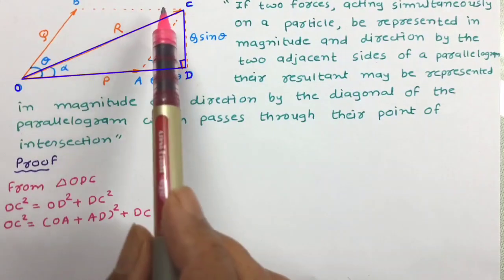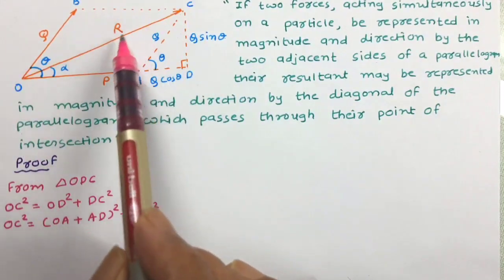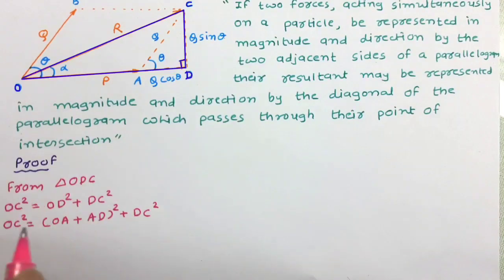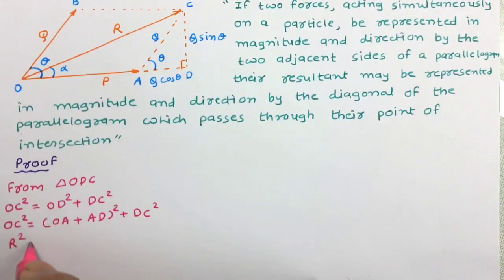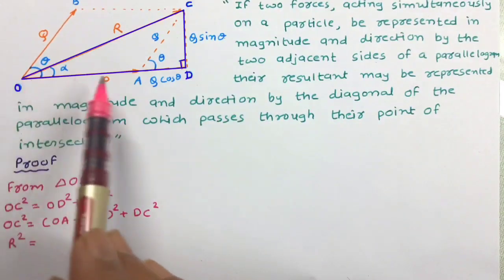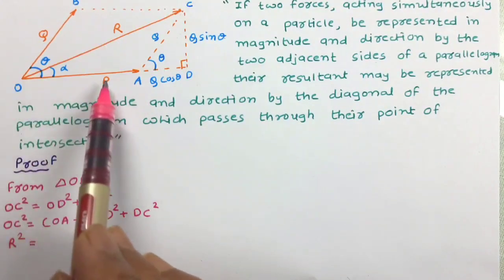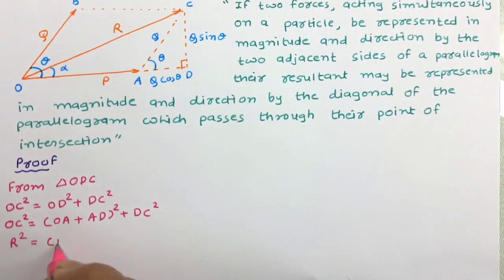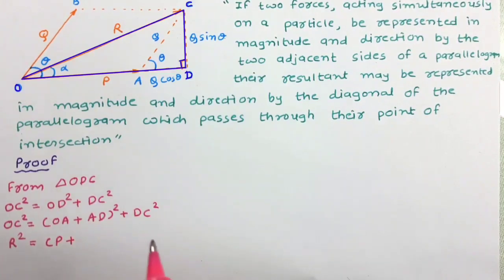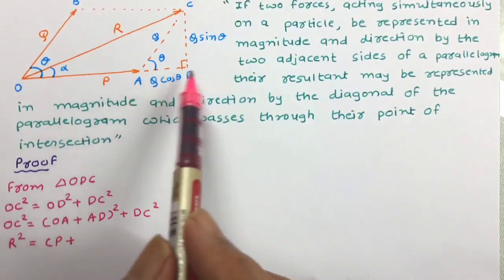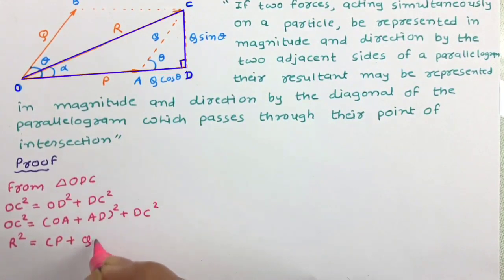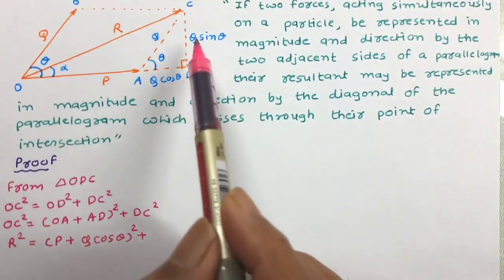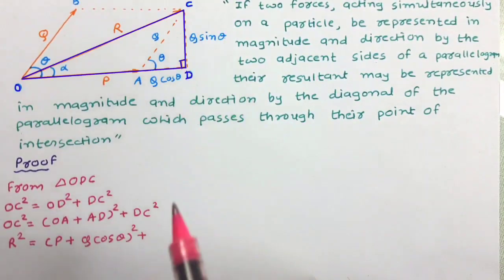Now from this triangle, we know that OC is equal to the resultant R. So here we can write R square is equal to OA, and we know that OA is P, so P plus this AD, that is equal to Q cos theta. So I will write Q cos theta here. DC is equal to Q sin theta.